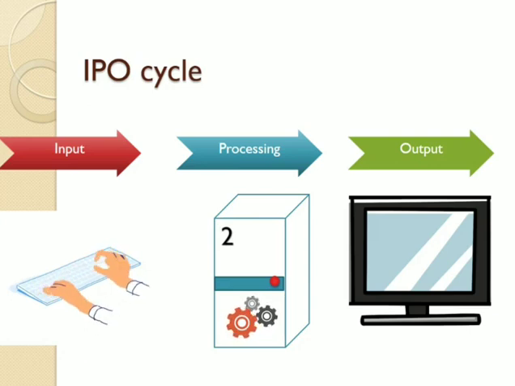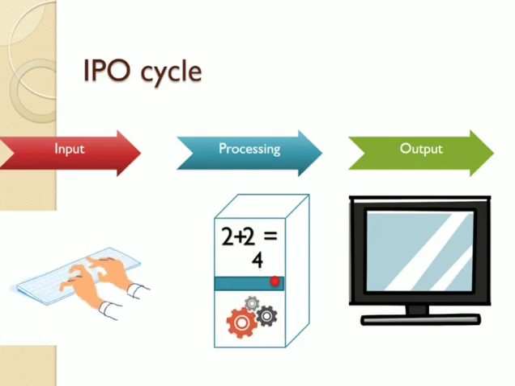When we type 2 plus 2 and press the equal to sign, the CPU processes this instruction and produces the result. The CPU processes it and gives the answer 4. Now the answer is sent to the monitor, so the answer is displayed on the monitor.